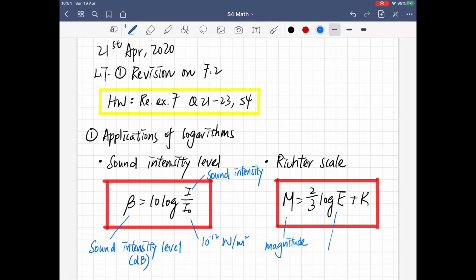As for the E, it represents the energy released in the earthquake. And for the K, it's simply a constant.